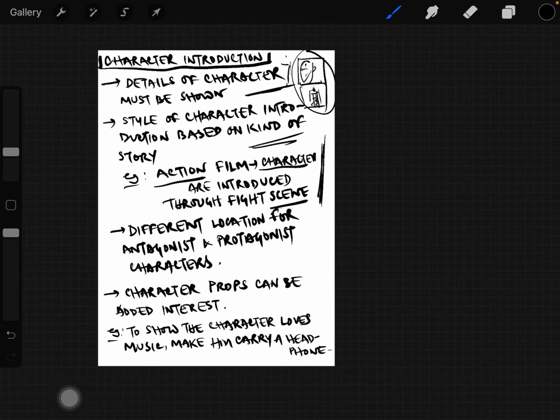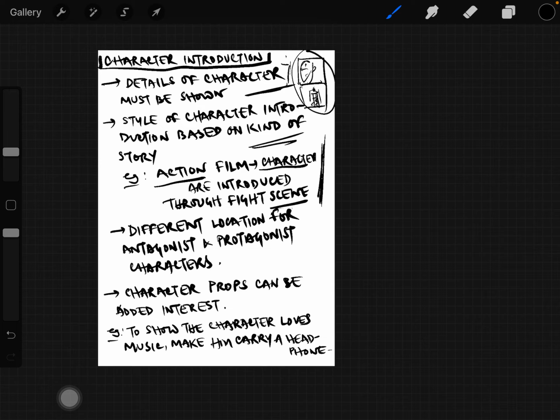Okay, to the viewer's mind, whatever your storytelling technique is, or the way you are developing your storyboard, always remember the whole idea should be very, very clear in the viewer's mind. They should not be confused. Okay, in some films we might not understand what is going on, but if it's a very good film, then sometimes the director is creating that suspense, so that we are not very clear about what is going on.